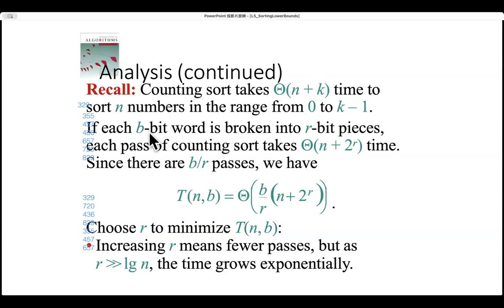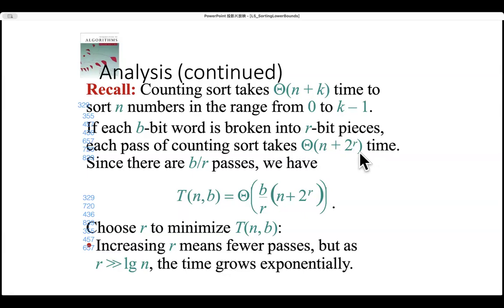If each b-bit word is broken into r-bit pieces, each pass of counting sort takes n plus k, where k is the range for your r-bit pieces, so it's 2 to the power of r. So each pass takes this much time.